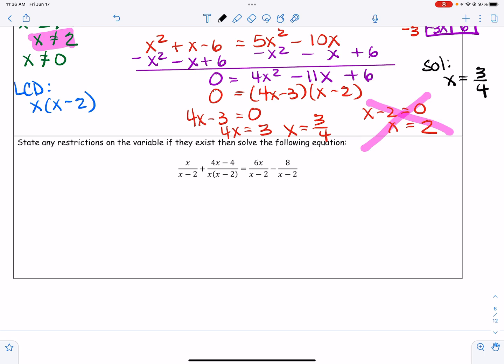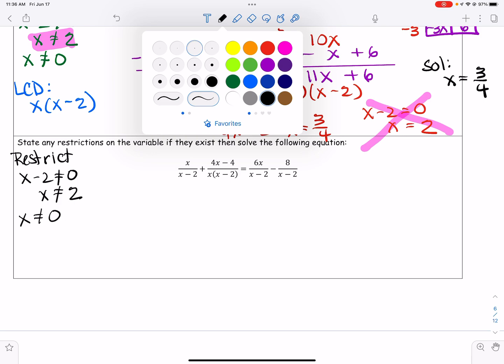What you might notice is once you do your restrictions, so we always start with that. And again, we've got x minus 2 cannot equal 0, so x cannot be 2. And then, of course, we have x cannot equal 0 as well, since we have that simple single variable out in front.